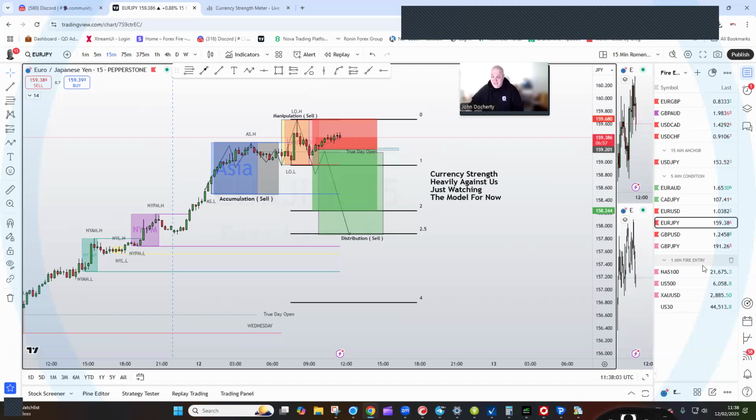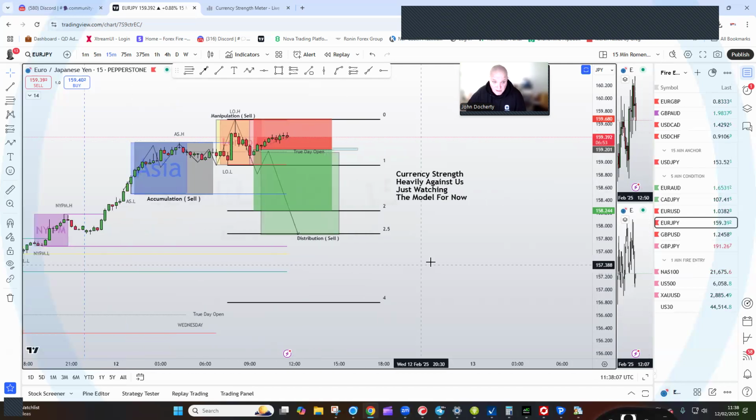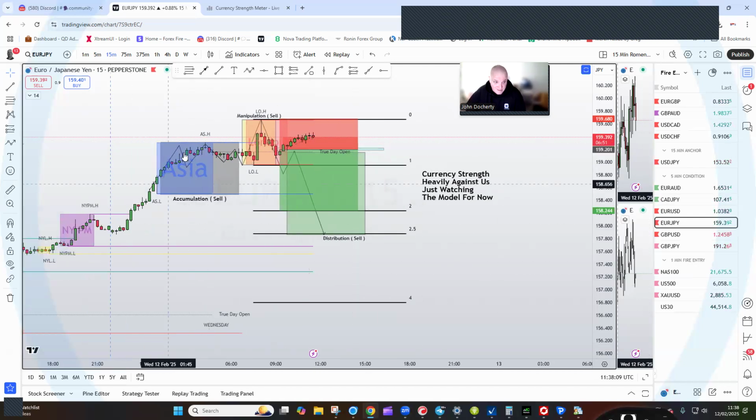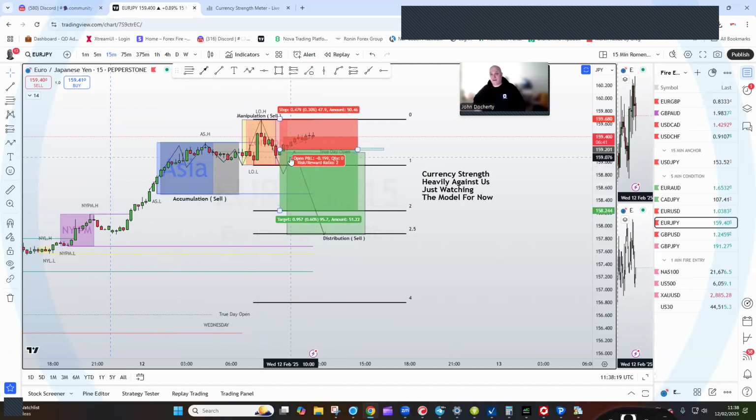But today is mainly okay, and I've got to get this through to everybody's head if they're watching this. Today is mainly about being able to identify structurally accumulation, manipulation, and a possible distribution combined with an FVG. If we can get the blueprint of that, that's the basics, but now we've got the model of what we need to look for.